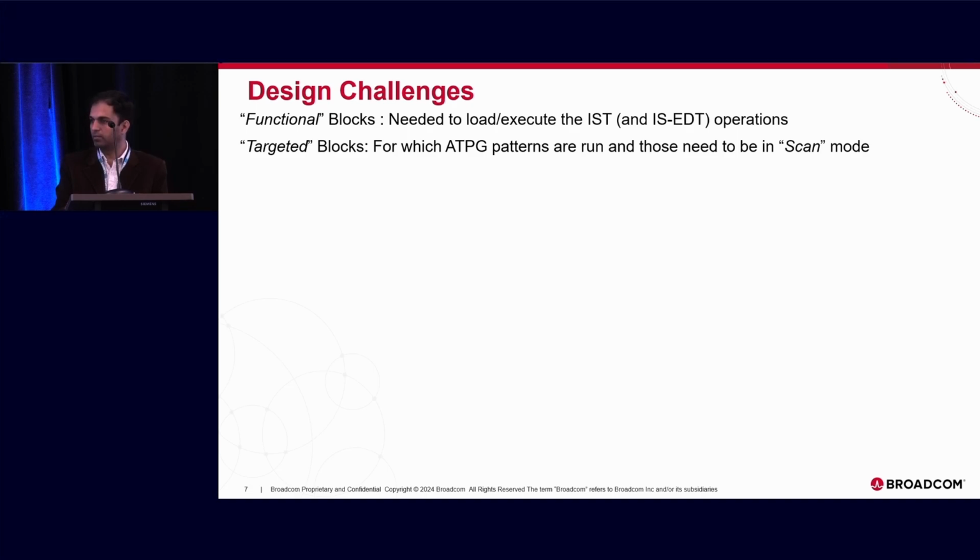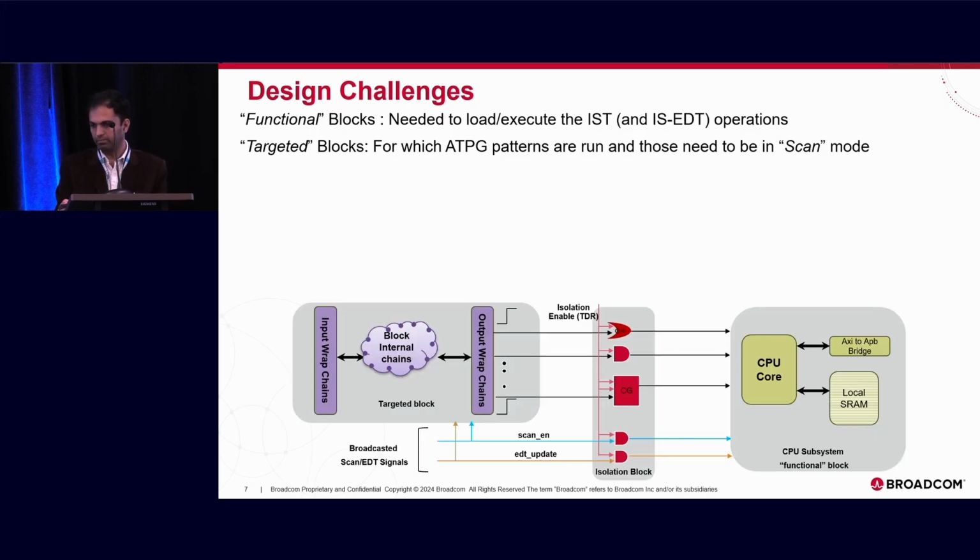The functional blocks are the ones which are used to execute the IS-EDT operation, and the targeted blocks are the ones for which we are targeting the ATPG patterns, which are to be in scan mode. So some part of the chip will be in functional mode, which is executing from SRAM, the CPU reading from SRAM and writing on the APB interface of the ISTK. And most of it, rather, would be targeted.